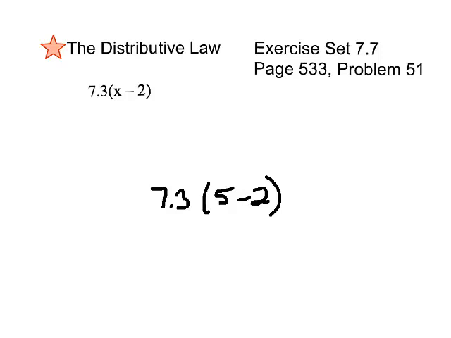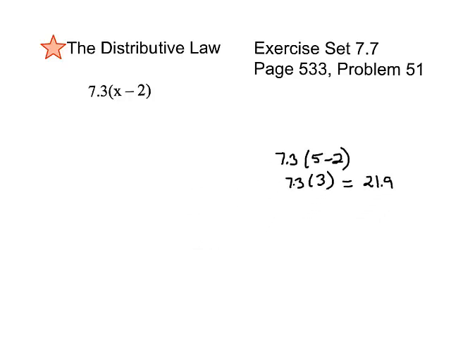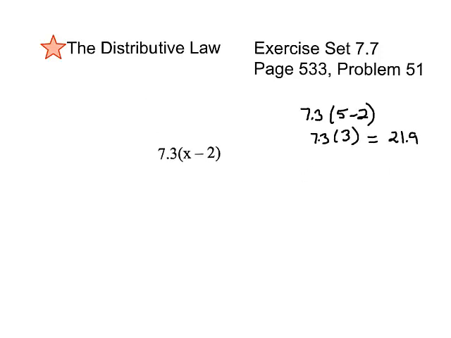So 5 minus 2, the operation inside the bracket, gives us 3. Right? And then 7.3 times 3 would give us 21.9. Pretty straightforward. Okay, let's put that to one side now and come back to the original equation.